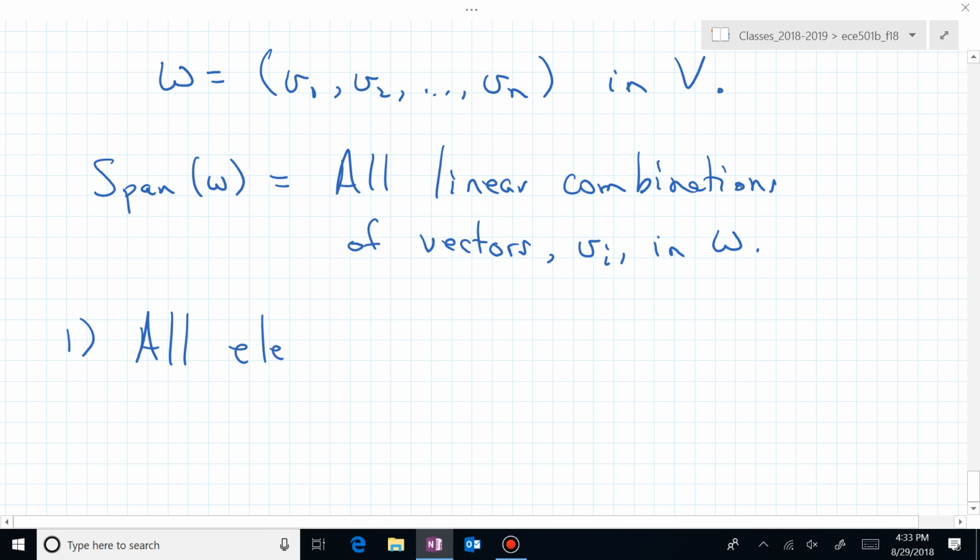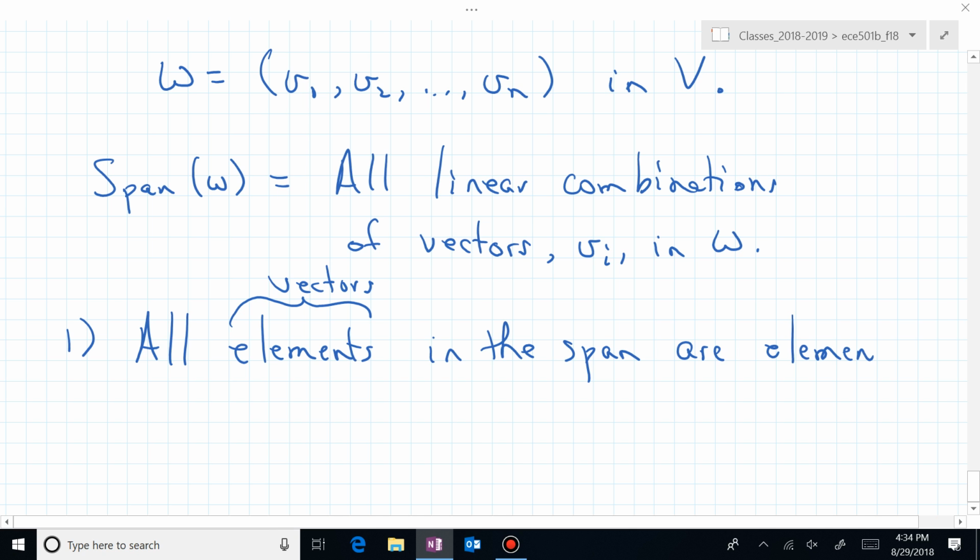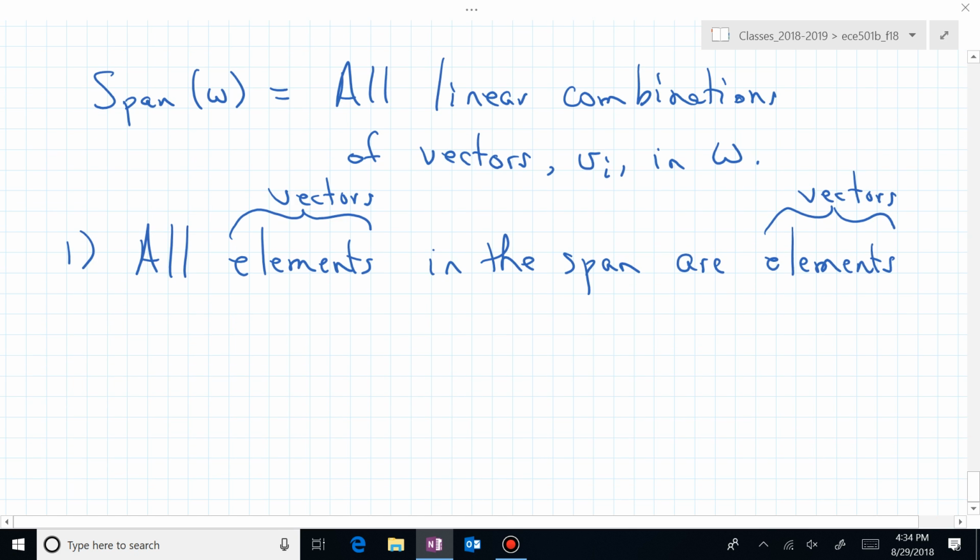All elements, or this is really all vectors in the span are elements or vectors of the underlying vector space. That's where we pulled them from.